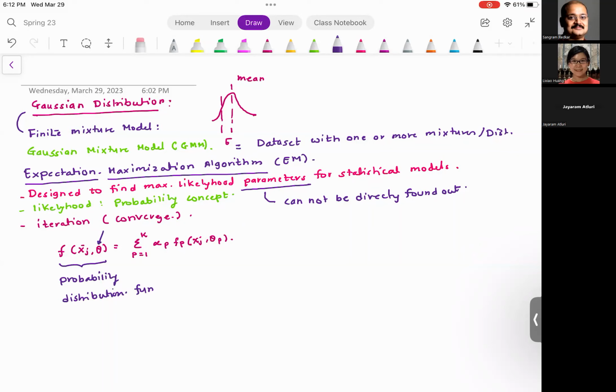In order to get the estimate of this parameter, we use Fisher's estimate, which is called the maximum likelihood estimate.